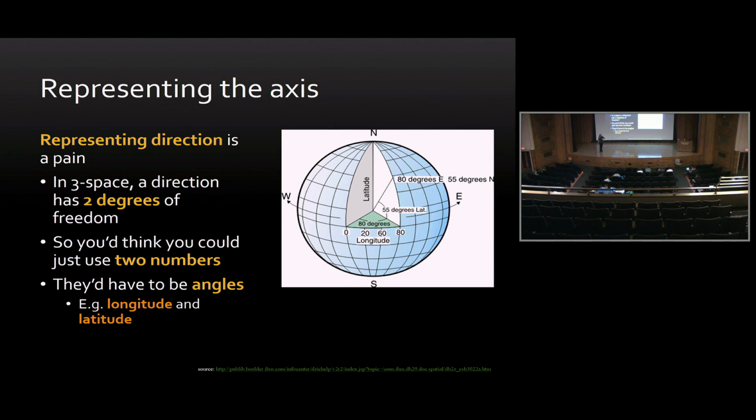The angle isn't easy, but it's not as bad. So representing a direction in 3 space, the direction has 2 degrees of freedom. And so you, of course, would like to think that you could represent it using just 2 numbers, and you can do it using just 2 numbers. You can use longitude and latitude, for example.